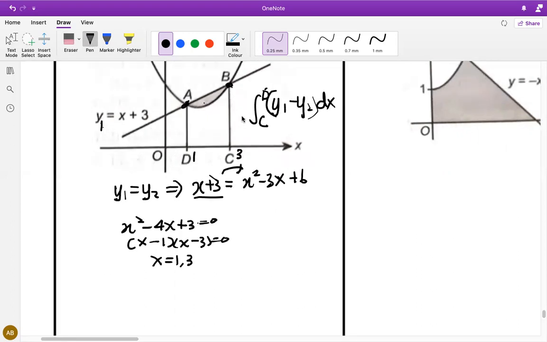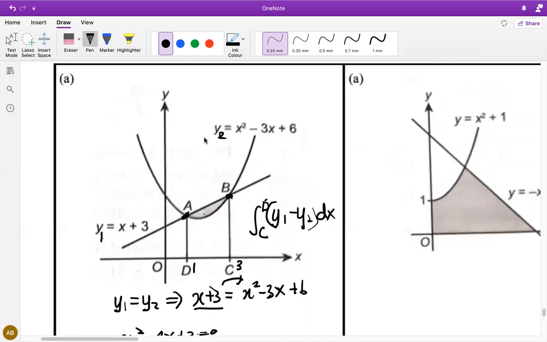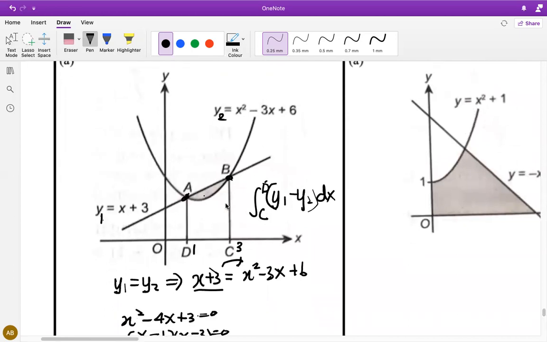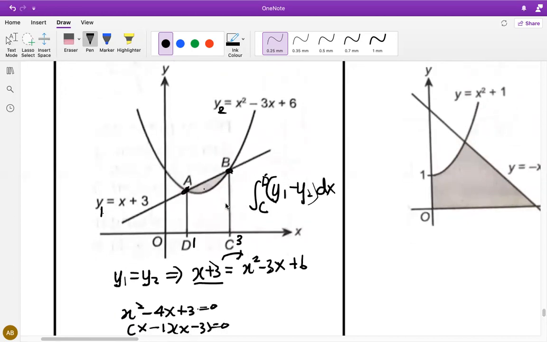Do you need to find the y value? If the question didn't ask you to find the coordinates of A and B, then you need not find the value of y.